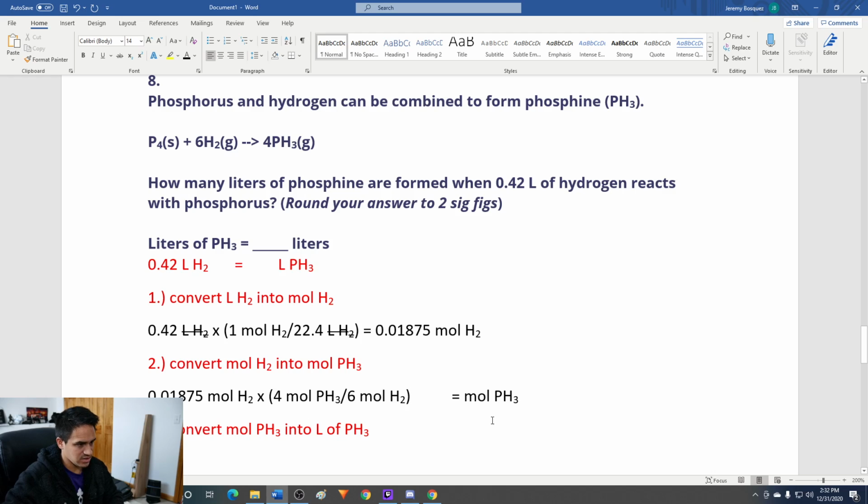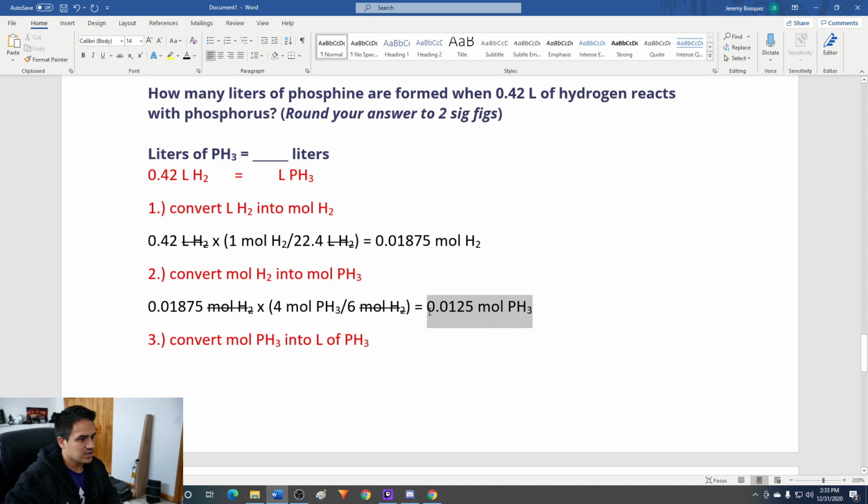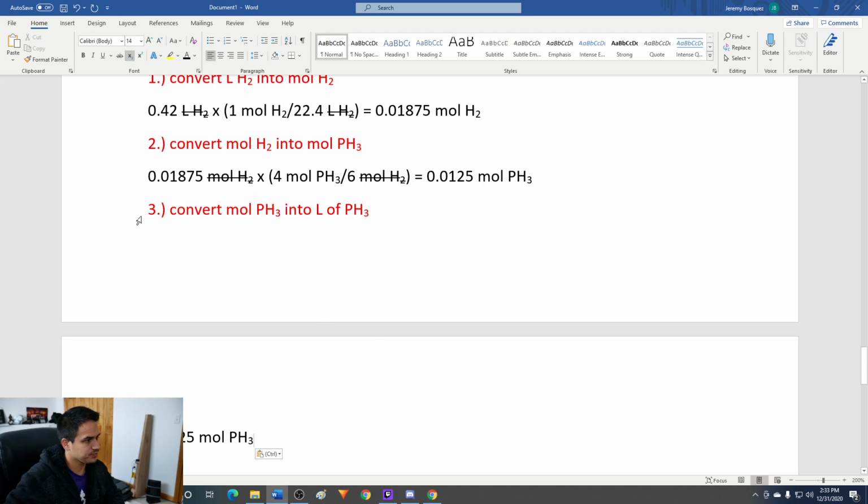Okay, again, I am doing this so that way my moles of H2 cancel out, and I get into moles of PH3. So we're going to take our number 0.01875, times that by 4, divide that by 6, and I get 0.0125 moles of PH3.